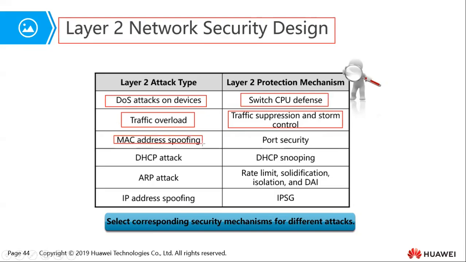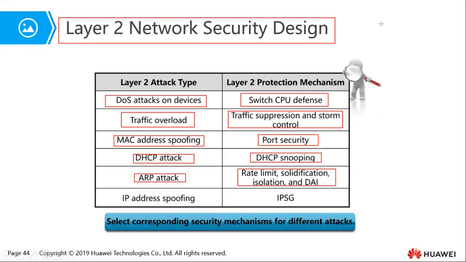MAC address spoofing, I'm sure we've already looked at this. It can be protected using port security. DHCP attacks, we have several, like DHCP snooping, which can still be protected by configuration. Some of these things we already did. ARP attacks can also be dealt with by using dynamic ARP inspection.